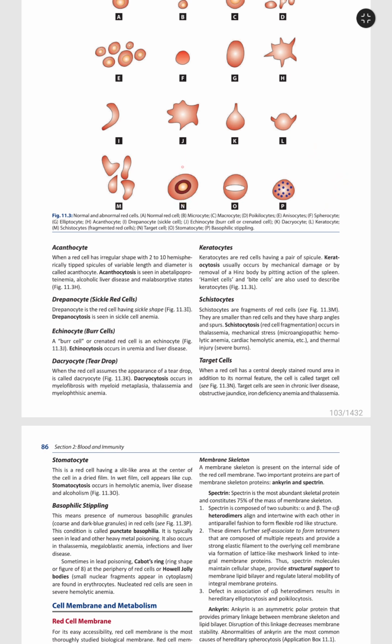Then target cell is seen in obstructive jaundice, liver disease, and stomatocytes. They are again seen in alcoholism, liver disease, jaundice, whereas this is in heavy metal poisoning.